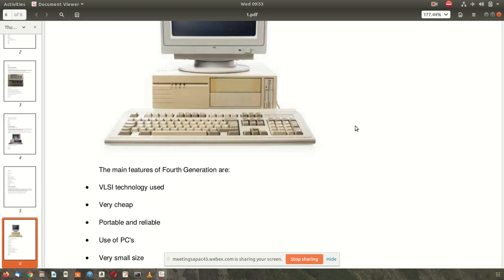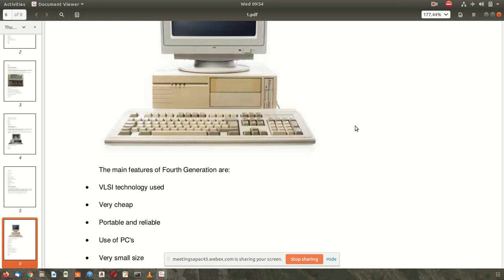So you see how technology is evolving from vacuum technology to transistor technology to IC technology, and we are in the fourth generation, 40 years after the first generation. Here you are using VLSI, which means many ICs put together into one electronic component.